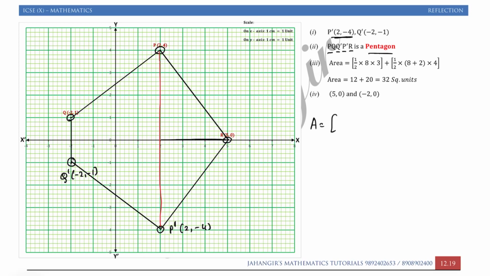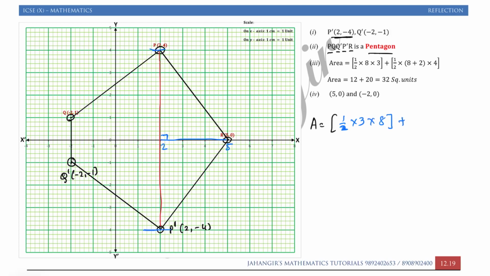I will draw it with a blue line. This is the height. It is perpendicular. So the height is from coordinate 2 to 5. 2 to 5 is 3 units, half into 3 into base, which is from minus 4 to 4. So that is 8 units.